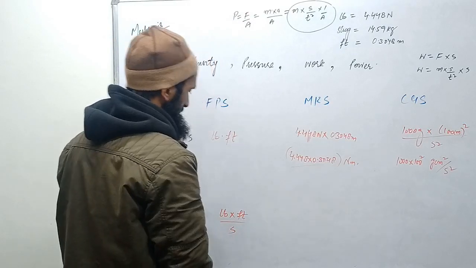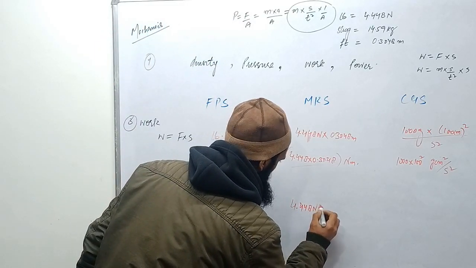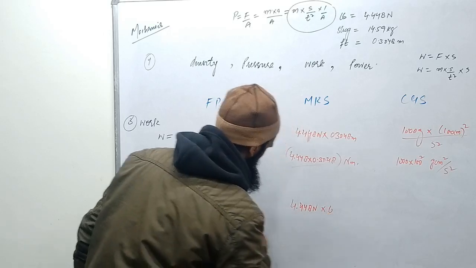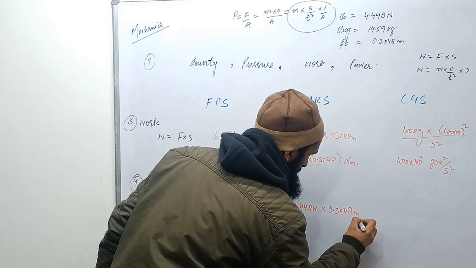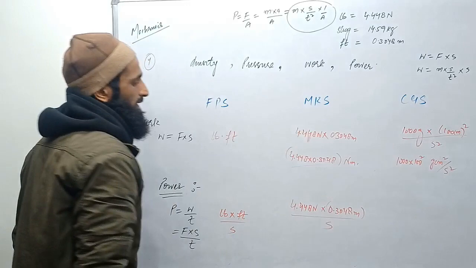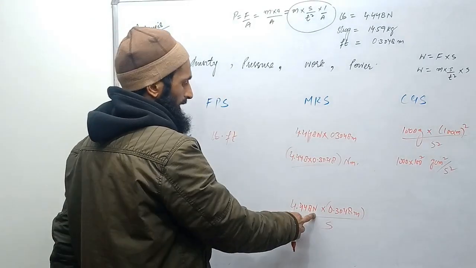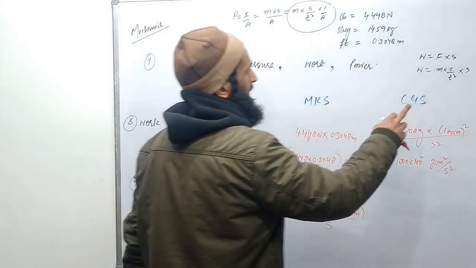Further, we have to convert into MKS system. LB will be 4.448 Newton, and feet here will be 0.3048 meter, divided by the same second. Now we have force here, and force we have calculated.